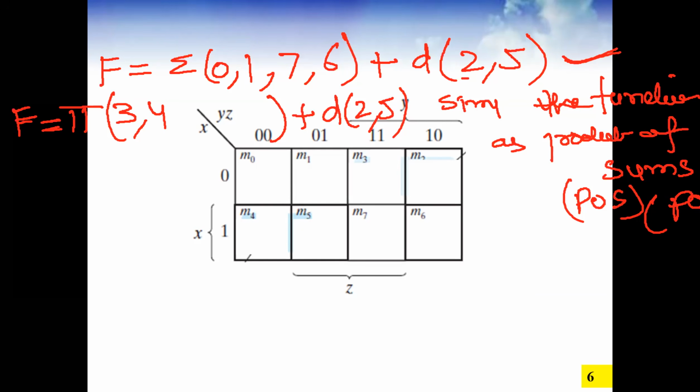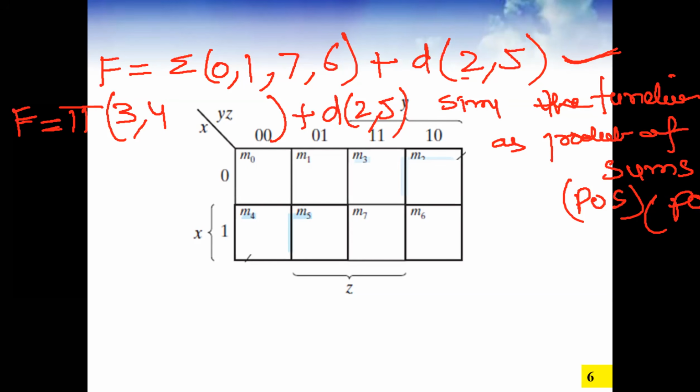Yes. All right. Now, how are we going to put these entries in the map? This is interesting and important because we have a function which is basically in max term form. Rather than putting ones, we are going to put zeros in the K-map. Clear? Because min term and max term are complements of each other. That's why.